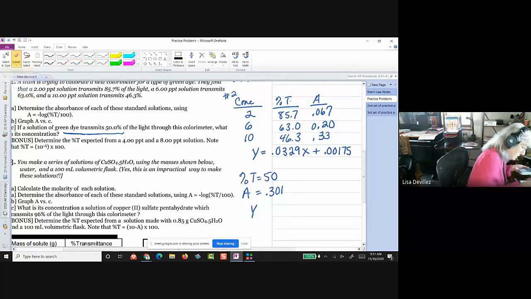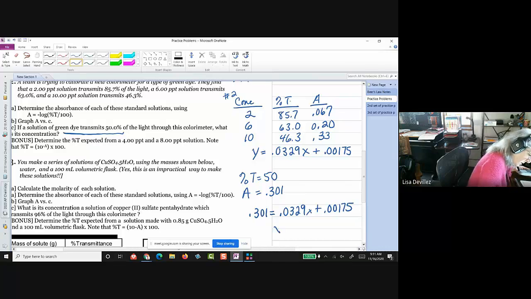Let's do that again. I get 0.301 equals 0.0329x plus 0.00175. So x then is going to be 0.301 minus 0.00175 divided by 0.0329. So I'm getting 9.1, which is a reasonable answer there.